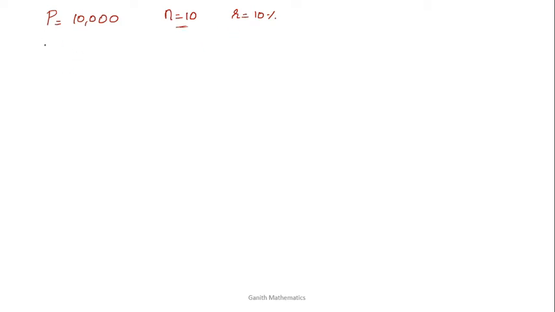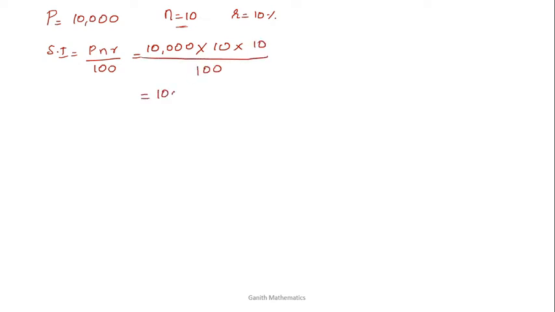We know the simple interest formula is PNR by 100. So your P is 10,000, R is 10%, and N is 10 years, divided by 100. So it will be again 10,000.